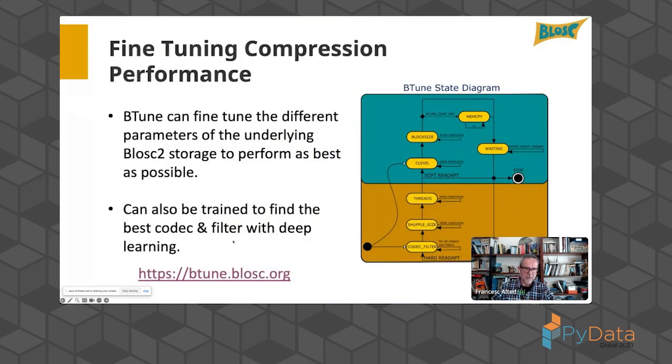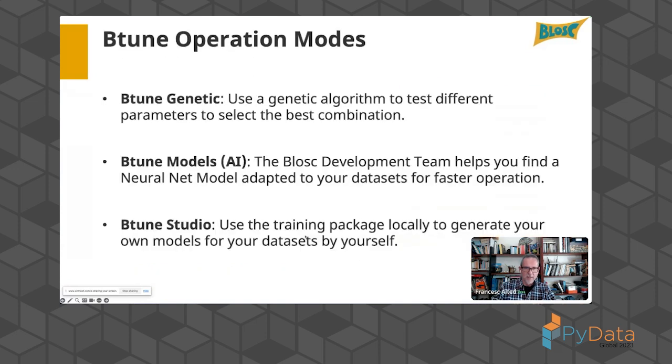But it can also be trained to find the best codec and filter using deep learning. Actually, there are three main operation modes for BTune. The first, that I have shown, is BTune Genetic, because it's essentially a genetic algorithm that tests different combinations of parameters to select the best combinations.